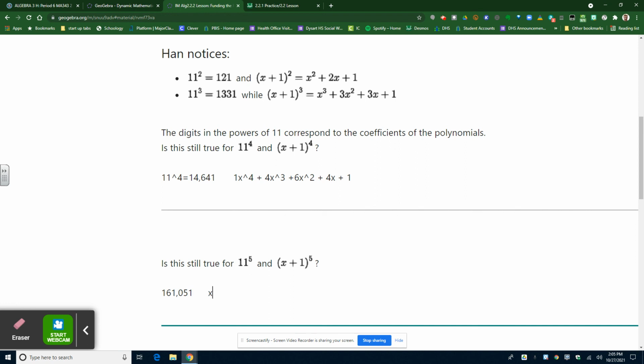I'm going to start with x to the power of 5. I like putting spaces in because that way it separates each of the terms of the polynomial. We'll talk more about what that means. My next coefficient is 5x to the power of 4, plus 10x to the 3rd. And now you have to think a little bit.